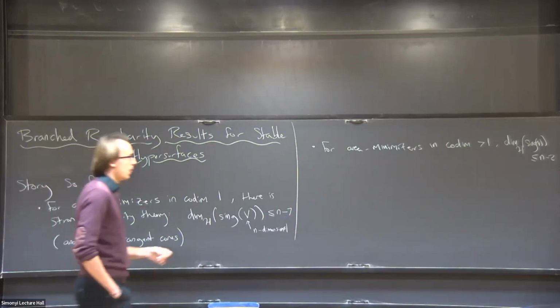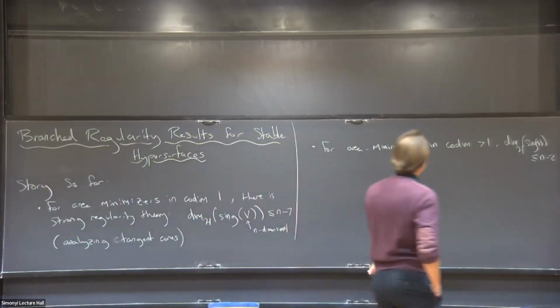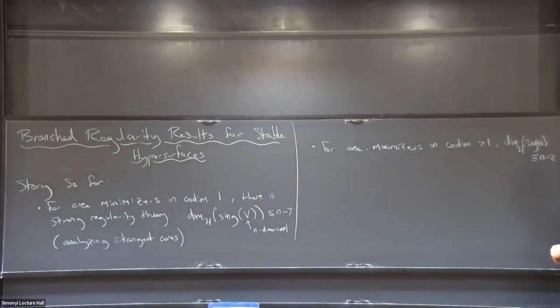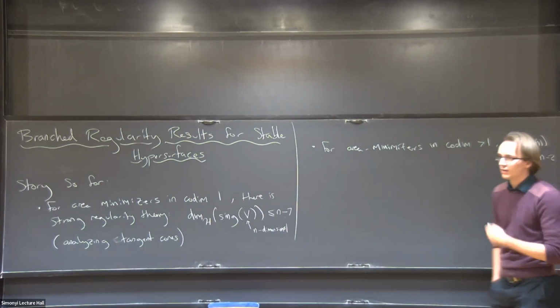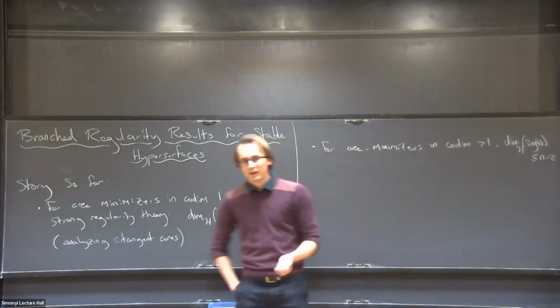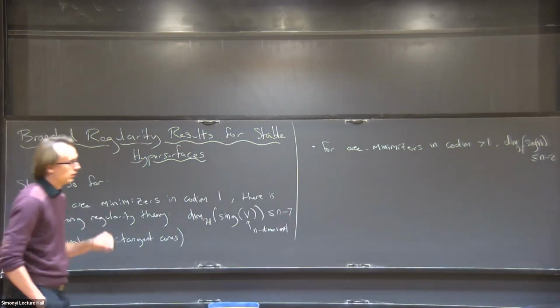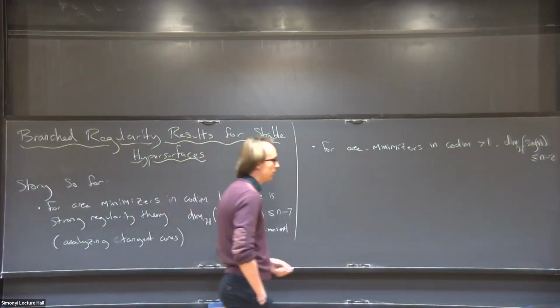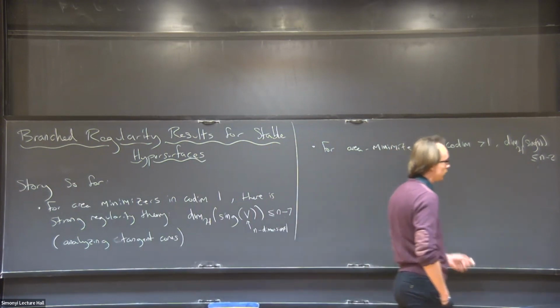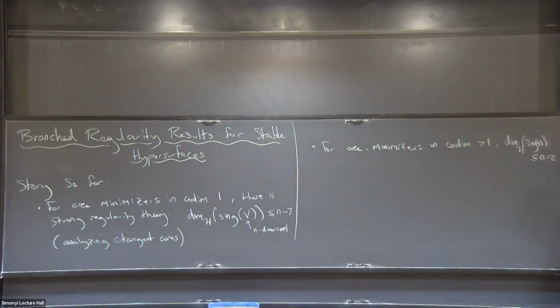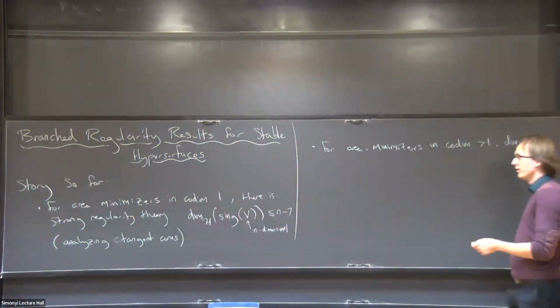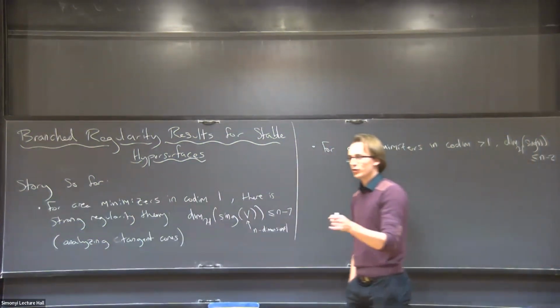And again, examples of this are much easier to cook up because any complex analytic variety is an area minimizer, and so you can just write down these very simple examples, like z squared equals w cubed in C cross C. This will be area minimizing, and it's got a branch point at the origin.